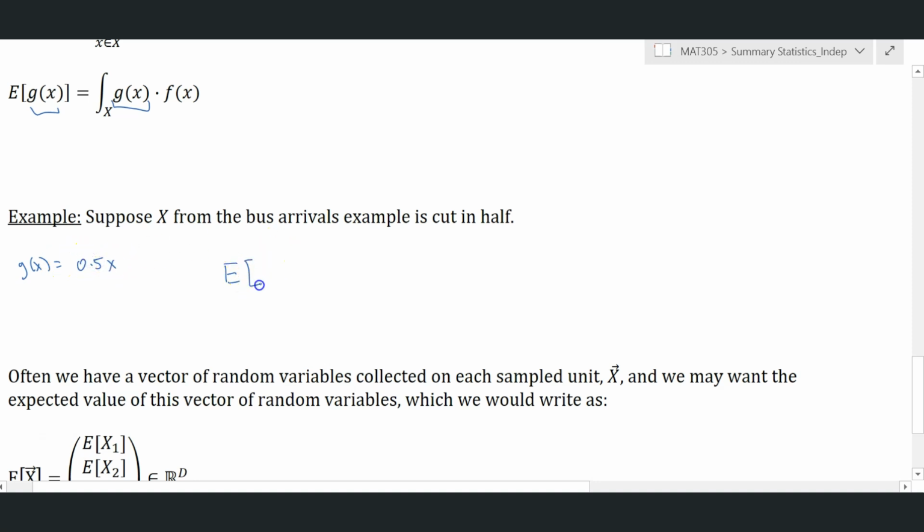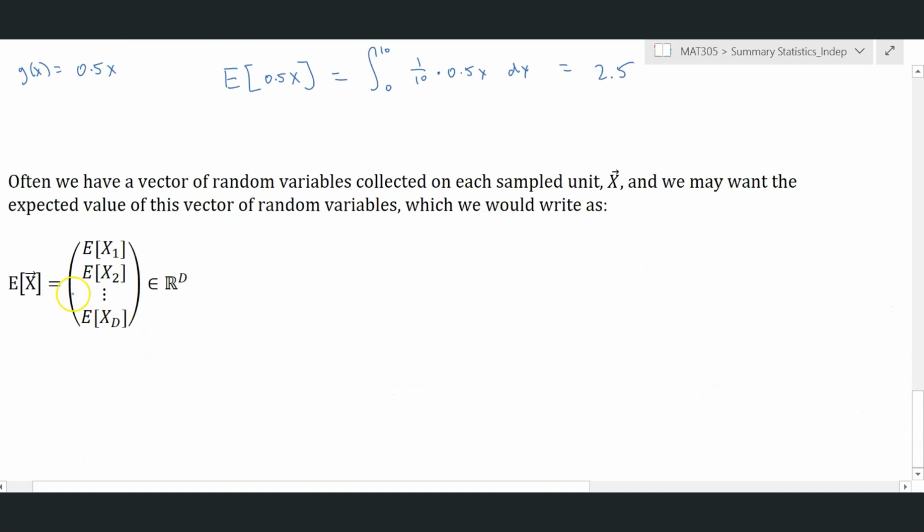So to compute the expected value of this function of x, we would take the integral still across the entire distribution from 0 to 10 of 1/10 times 0.5x dx. And not surprisingly, this would just cut that average in half entirely. So that's all we would do if it's just some function of our random variable.